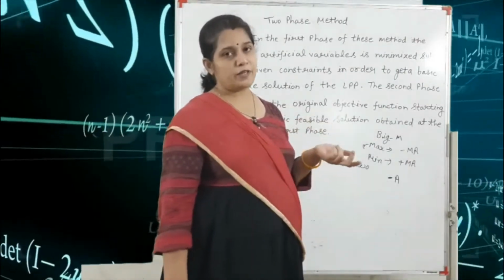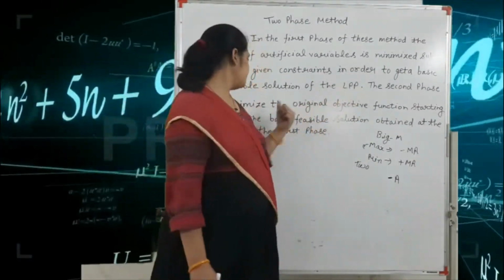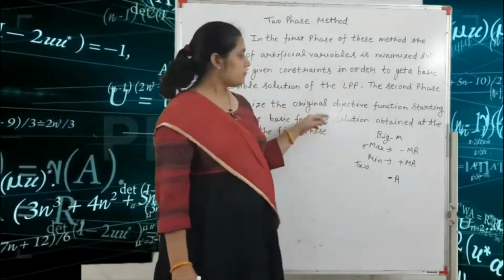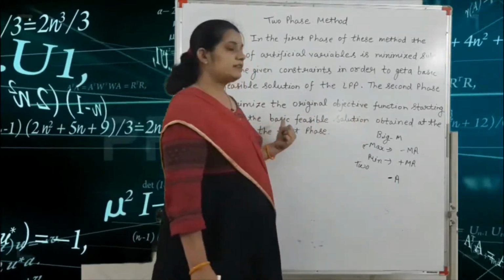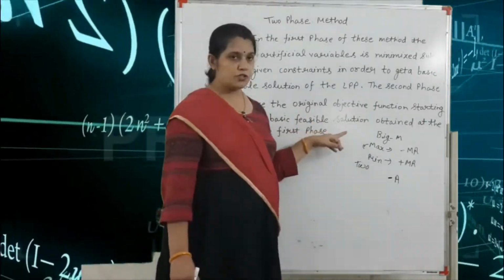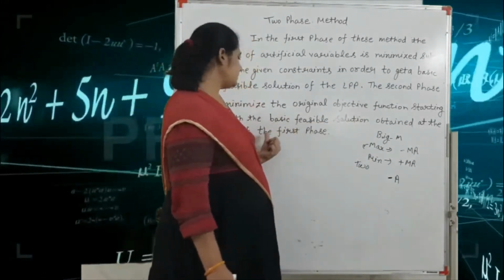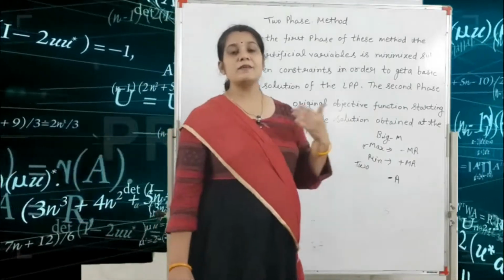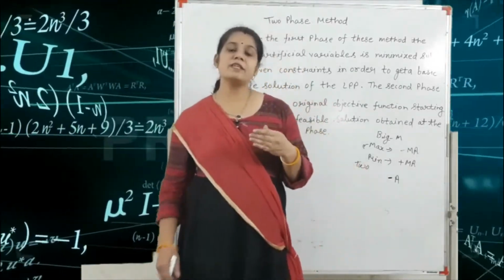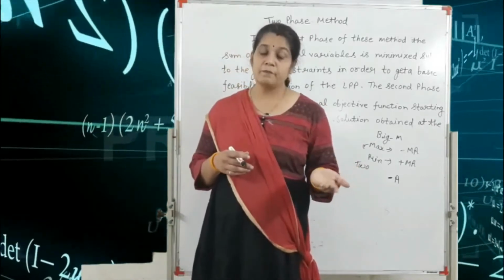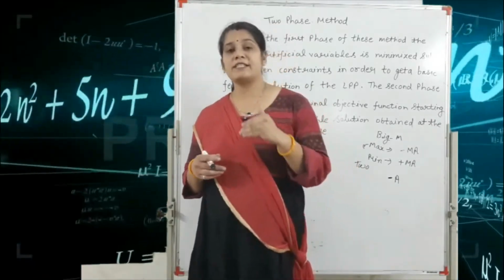And the second phase minimizes the original objective function starting with the basic feasible solution obtained at the end of the first phase. Okay, so in the two-phase method, first we solve phase 1. After that, we solve phase 2.